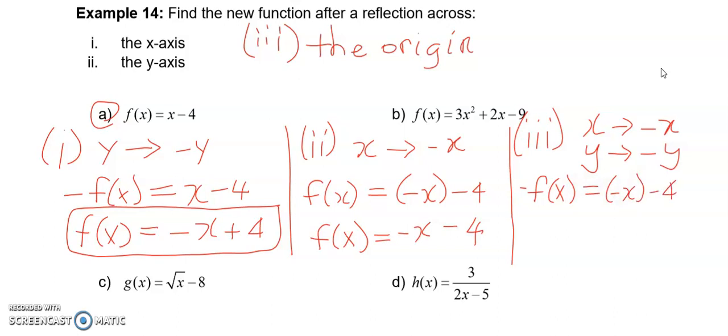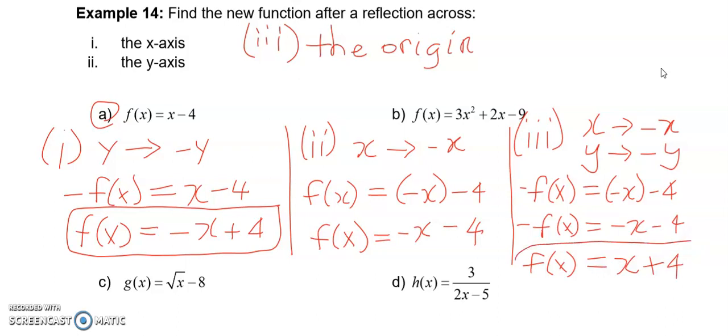The minus 4 does not change. So in your next step, you would have negative f of x equals negative x minus 4. And now, if you multiply both sides by negative 1, here is your new function. This would represent a reflection through the origin.